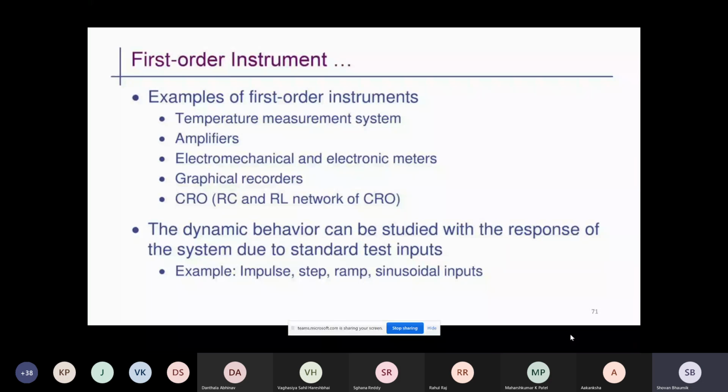And we want to see how the output is performing based on such inputs. In the book you will see all the types of instruments: first order, second order, third order, and so on. People used to give such known inputs, see how the output is varying, and try to characterize the output. That is what the textbook holds. You also read that.